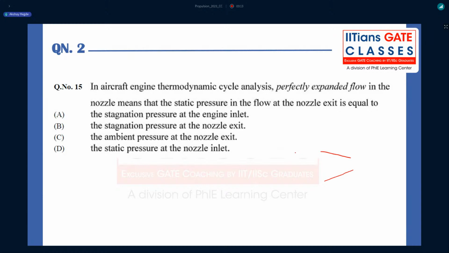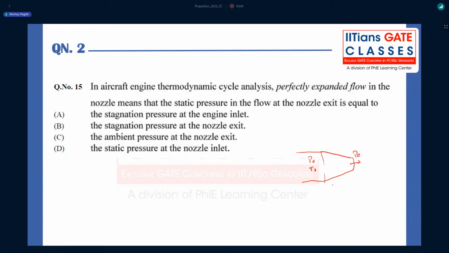The upstream of this one is connected to the turbine exit plane. I have some pressure P naught and temperature T naught, the stagnation condition at the upstream of the nozzle, and it expands in the converging duct to an exit plane pressure PE. This is purely governed by the nozzle geometry, how it has to expand from P naught to PE, right?